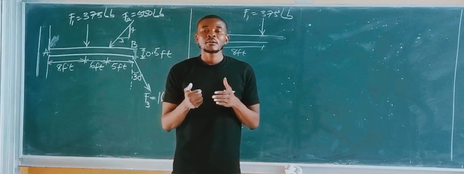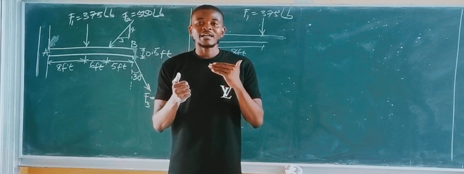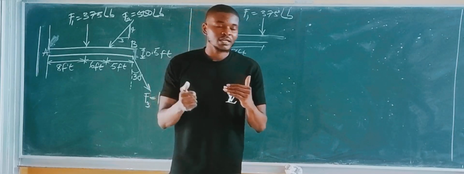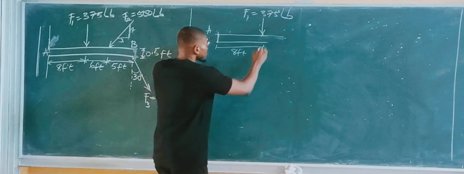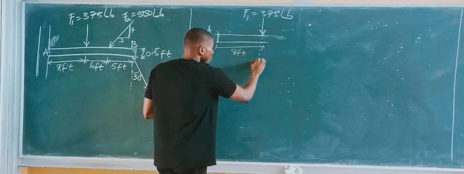Okay, so I said moment is simply the product of the line of action of force and the distance that makes an angle of 90 degrees to the point you're taking moment about. So I want to take the moment of this force about point A. This force is pointing downwards, so it means the line of action of this force is coming downwards.